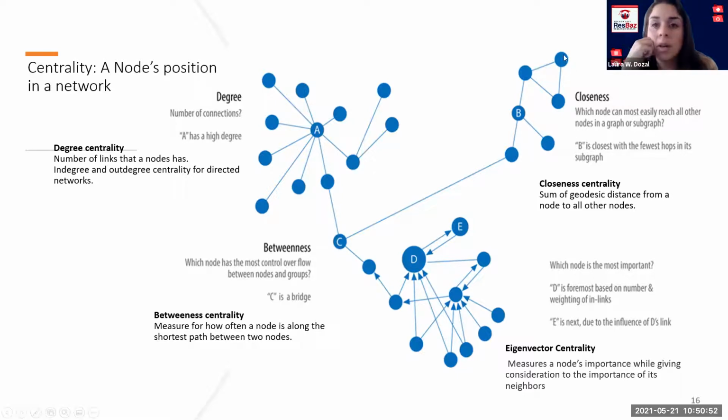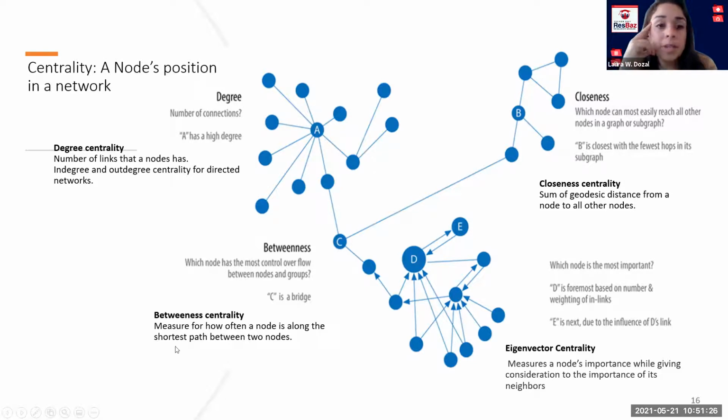So this node up here has 1, 2 steps to get to B, whereas it could potentially take a bunch of other steps, 1, 2, 3, and then 4 to B, and then continue going on. So closeness is how close B is to everyone else, based on how long it takes to get there.